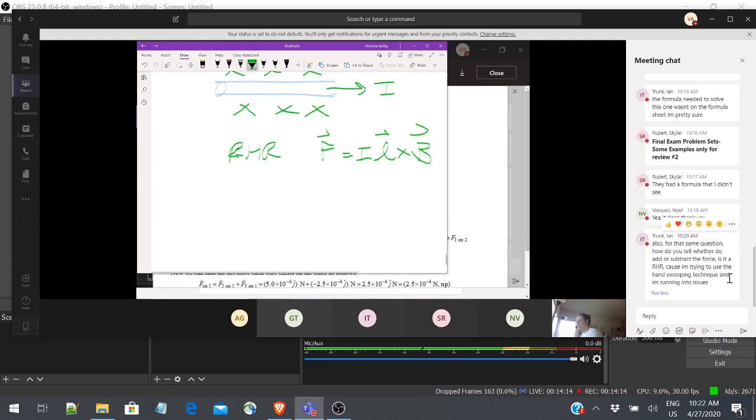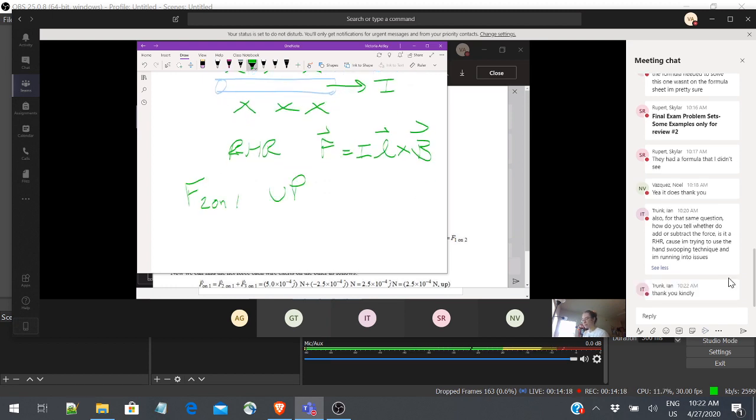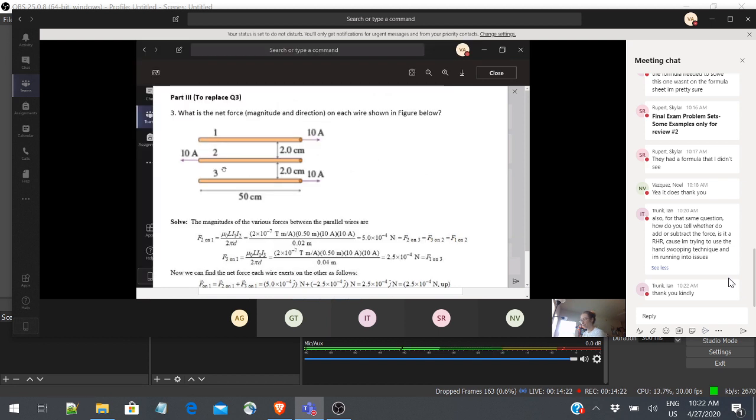So the force of 2 on 1 is up. Then you do the same thing for the third wire, which has the current going to the right. Above it, where you have wire 1, the field would be coming out of the page.